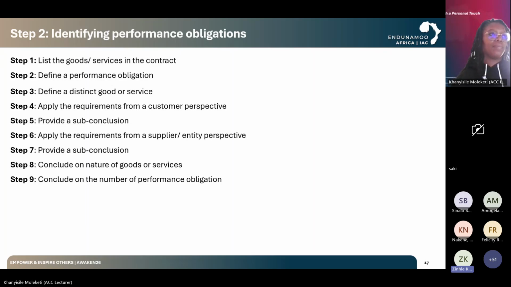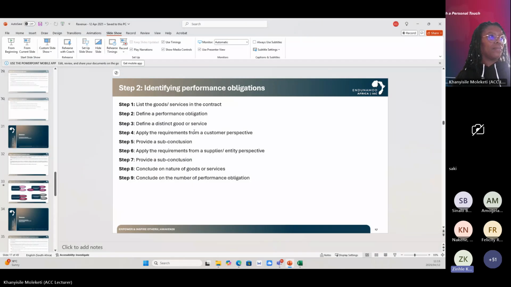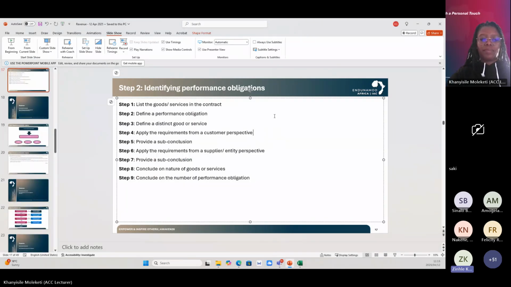Like now I want to break it up: at step 4, I just focus on the goods or service being distinct on its own, that the customer can benefit on its own or with other readily available resources.